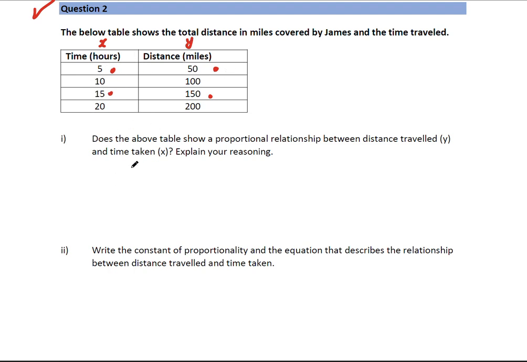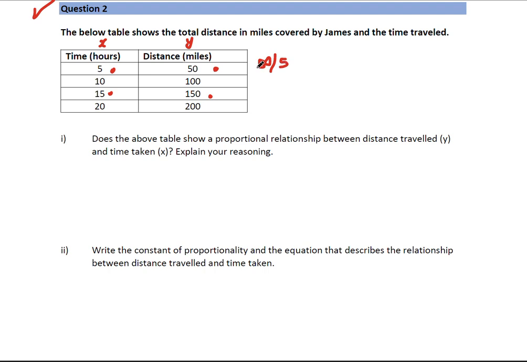And if they are the same, distance is always dependent on time, so distance will be assigned y, the dependent variable, and time is always our independent variable x in these kinds of relationships. So this is very simple. What we're going to do here is simply divide to see if the ratio between distance and time is the same throughout the entire table.